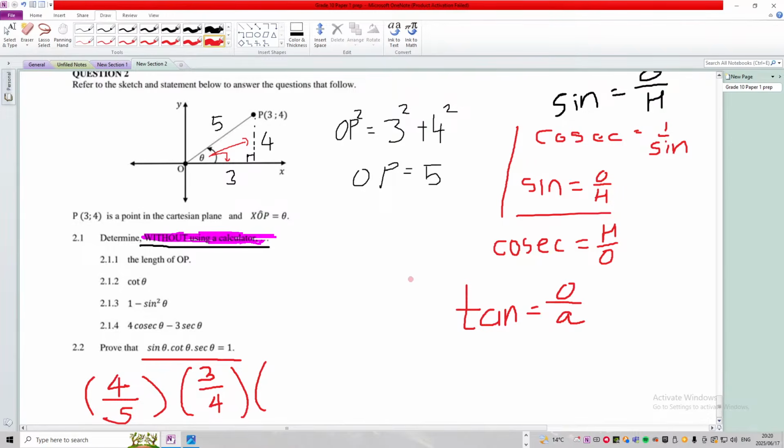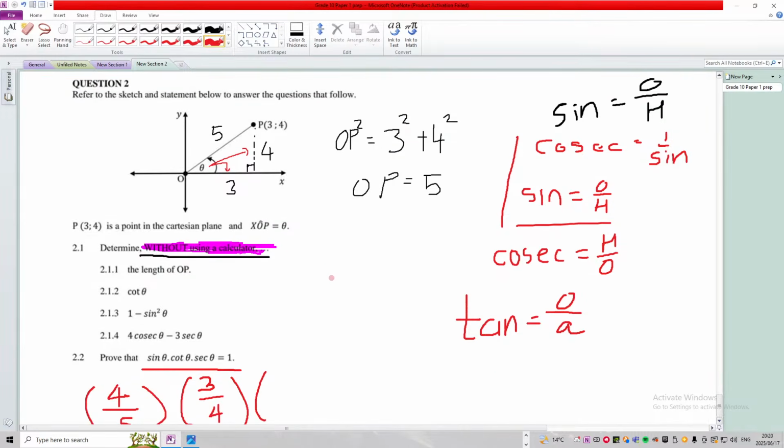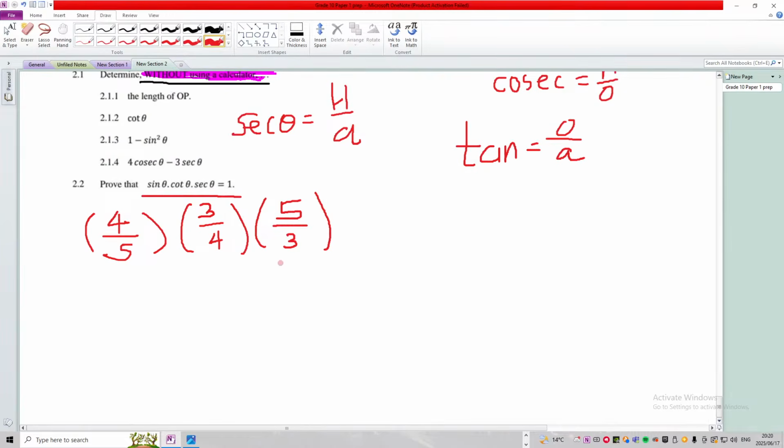So secant is the inverse of cos. It's hypotenuse over adjacent. So secant of theta is hypotenuse, which is 5, over adjacent, which is 3. I need to prove that this is equal to 1. So I first get all of those numbers over there.